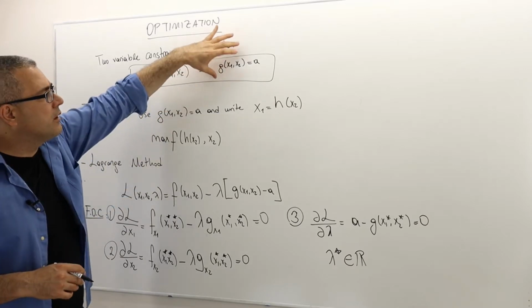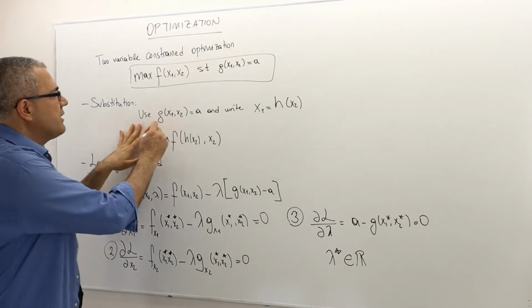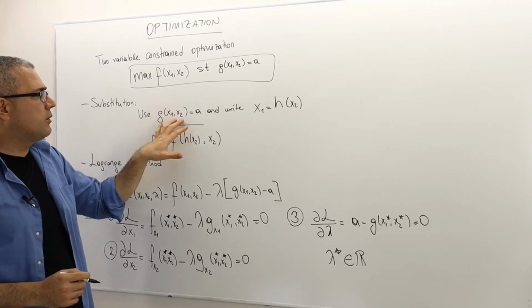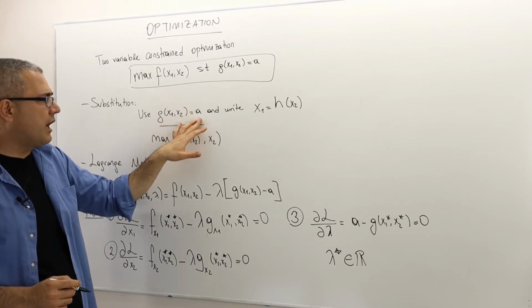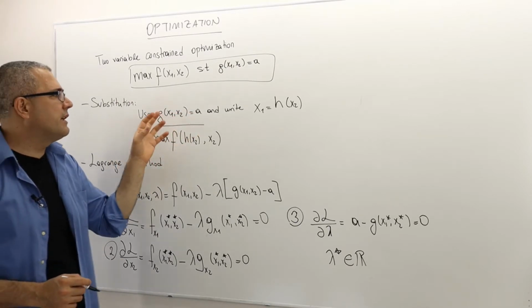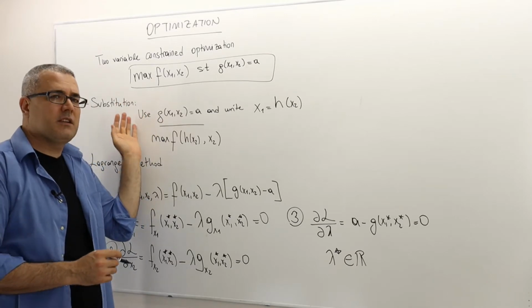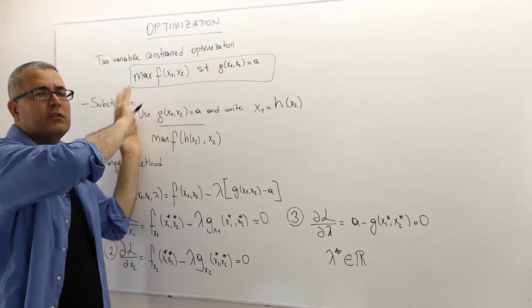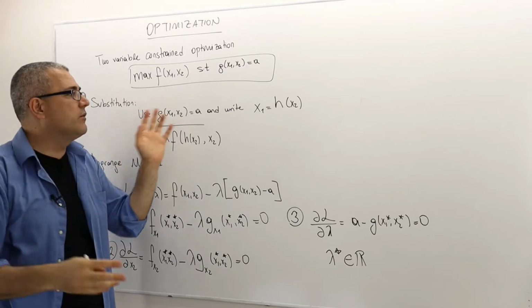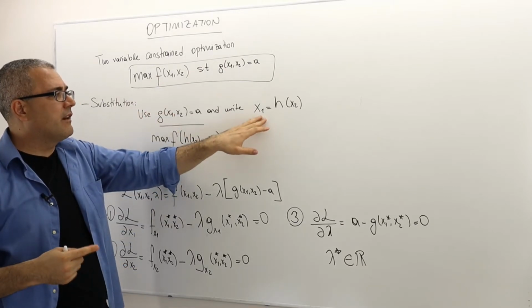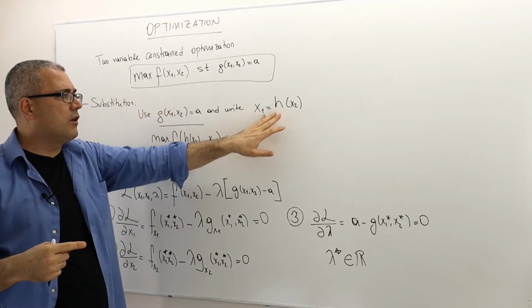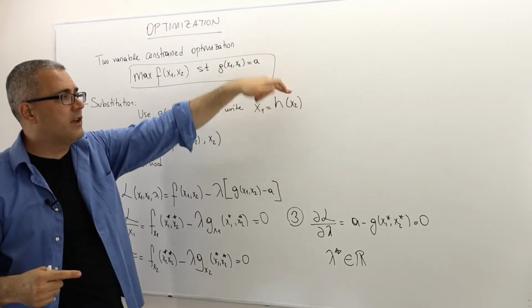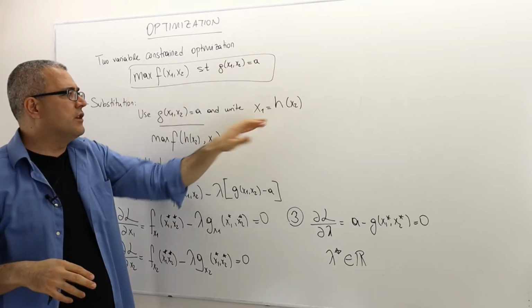Well, first of all, let's look at the constraint. The constraint tells me a function of x1 and x2 has to be a real number a. So what I can do is keep x1 on the left-hand side and send everything to the right-hand side, if I can do that. Well, that means I can write x1 as a function of x2, some new function h.